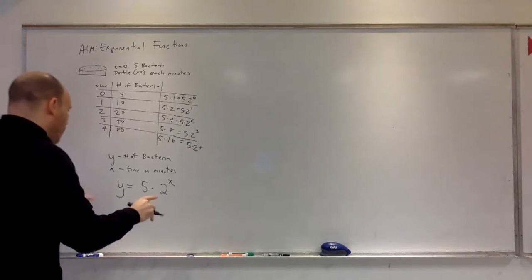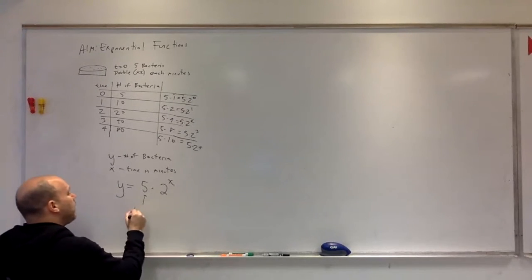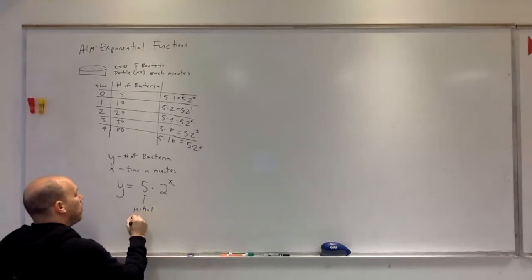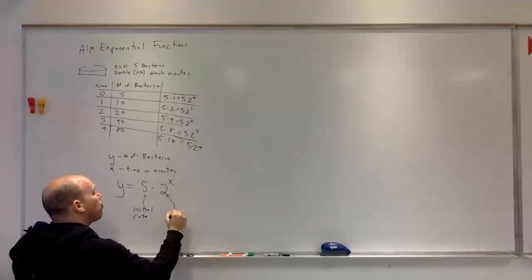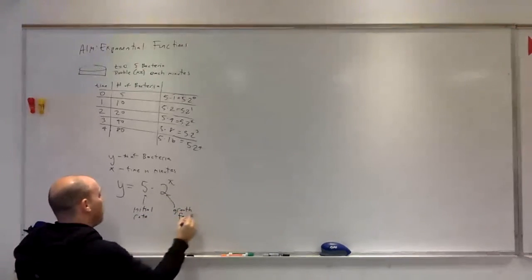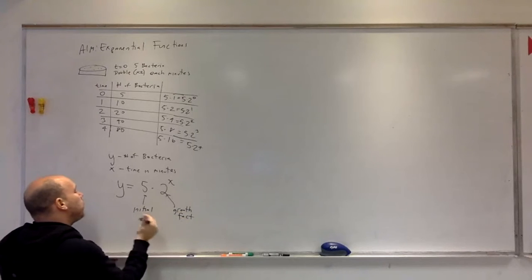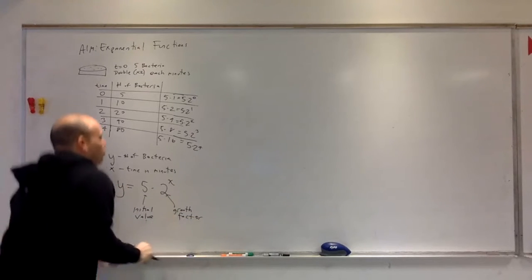Now, what does this represent? The 5 seems to represent the initial value, and the 2 is the growth factor. The 2 is the growth factor.